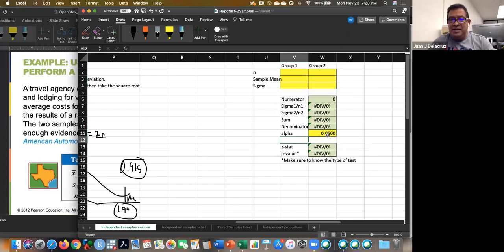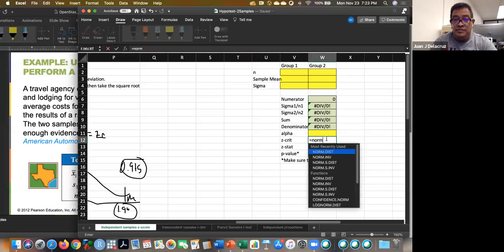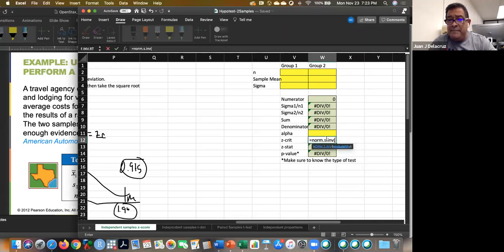It probably makes sense if I say Z critical, right? So this Z critical is going to be equal to the NORM.S.INV, did I say INV? Yeah.